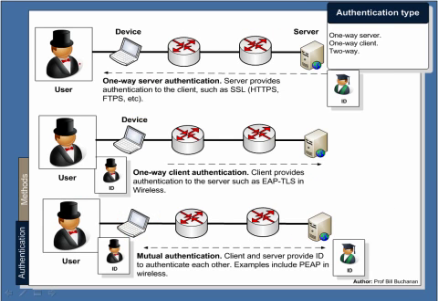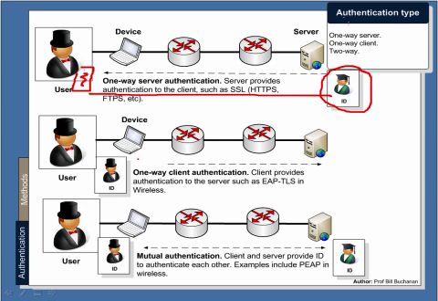So the two ways of providing the authentication are, typically, one-way authentication, where the server sends its ID, typically a digital certificate, to the user. The user checks the ID and makes sure that it's actually valid and then makes a connection. The weakness of this is that the user is not authenticating themselves to the server.